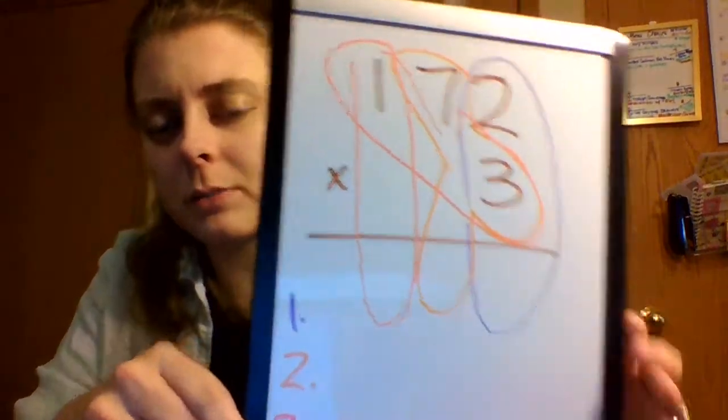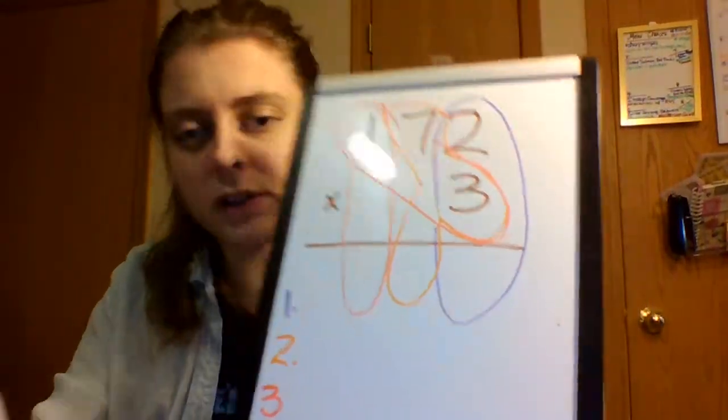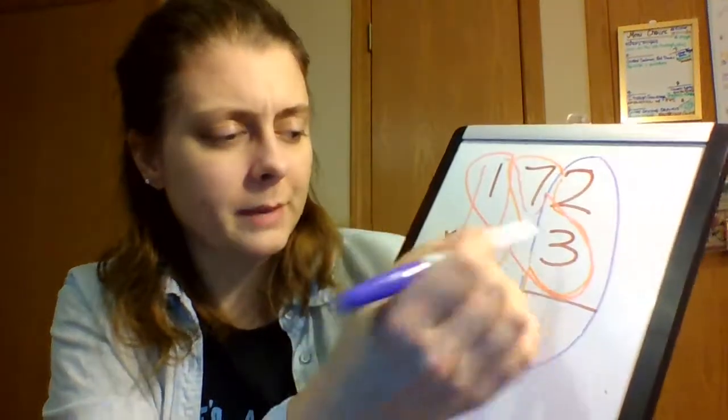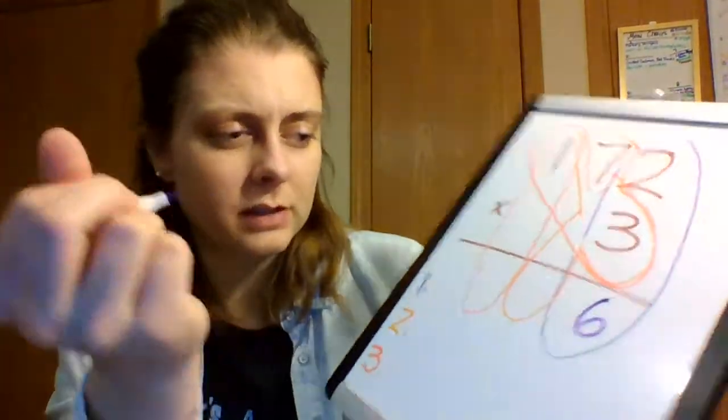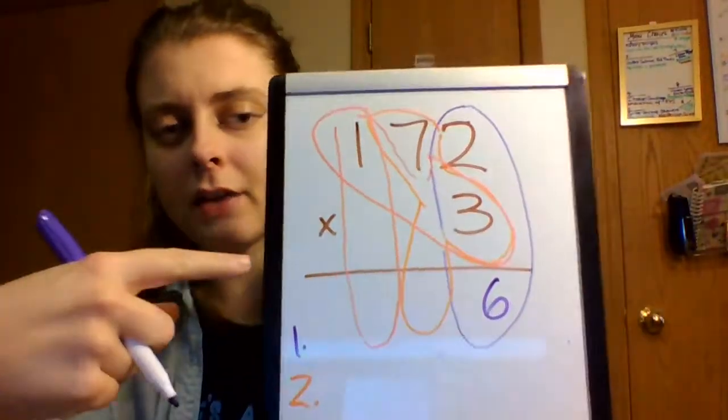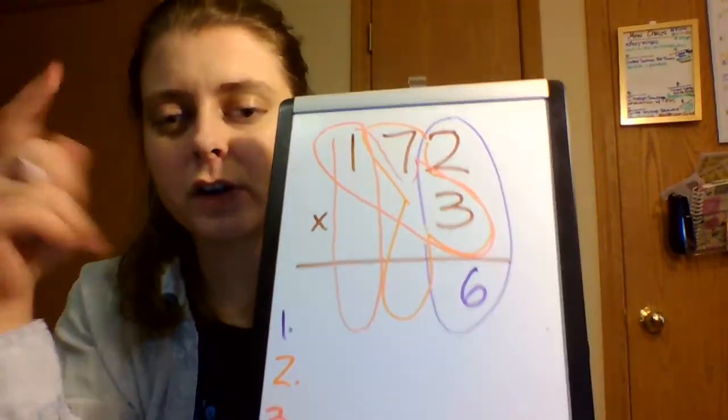All right, so I have color coordinated step 1, step 2, step 3. Step 1, you start with your ones column. 2 times 3, 6. Okay, I didn't have any 10s to carry over, so the answer is just 6. I go into my 10s.